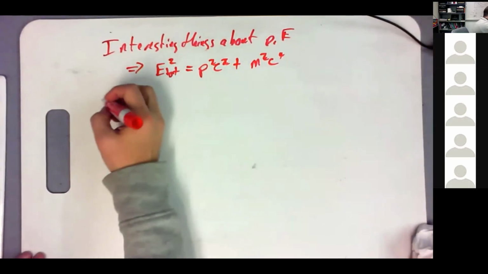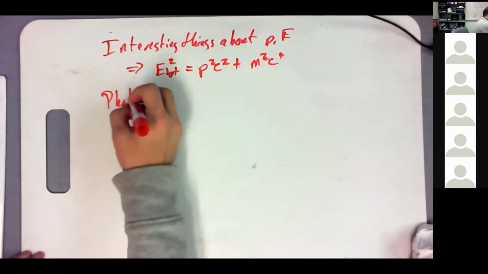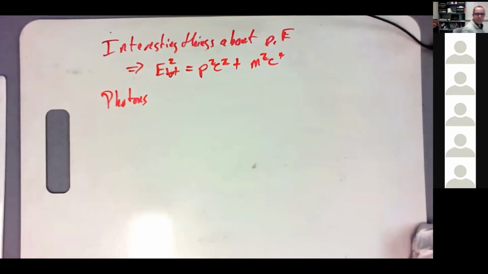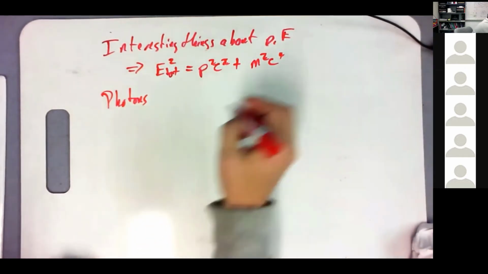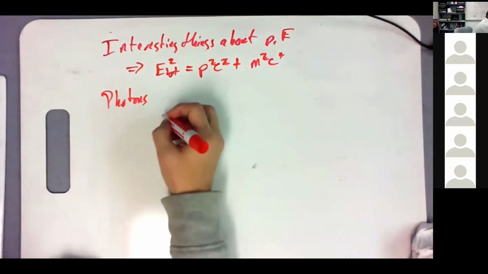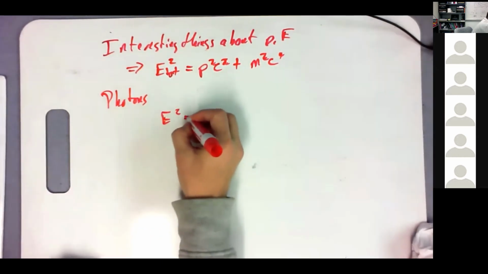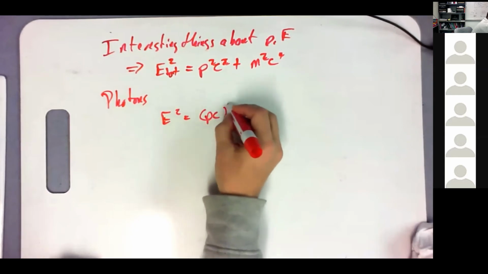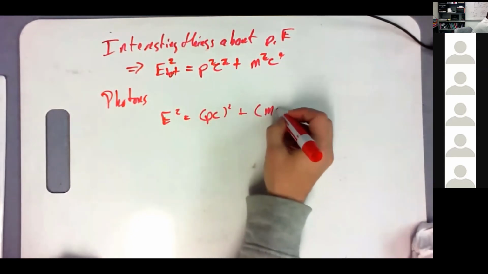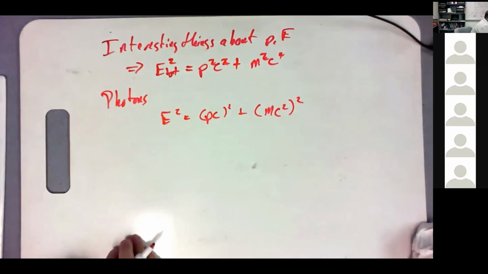How about photons? This is kind of cool. Photons, as you know, have no mass, but you can still write this equation down for photons, right? E squared still equals PC squared plus MC squared squared.